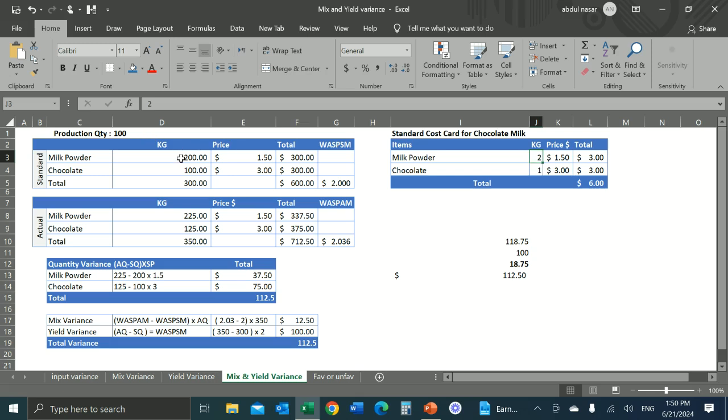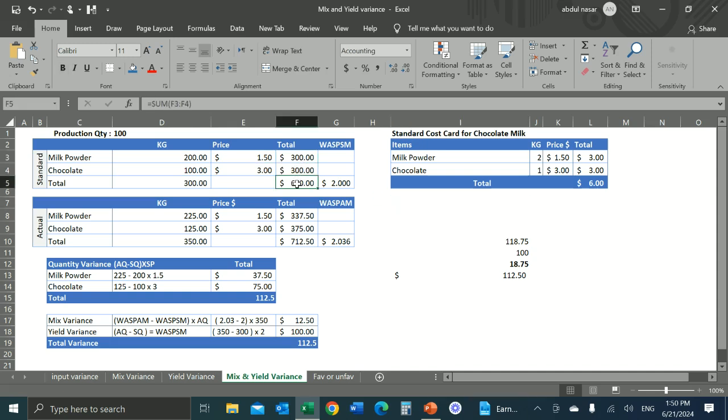So we can say 200 kg of milk powder is needed and 100 kg of chocolate is needed when you are making 100 units. This is the standard quantity for actual output. So this is going to be 300 kg total, and the individual price is given, so the total cost is going to be 600.